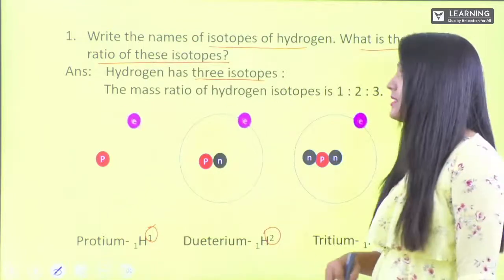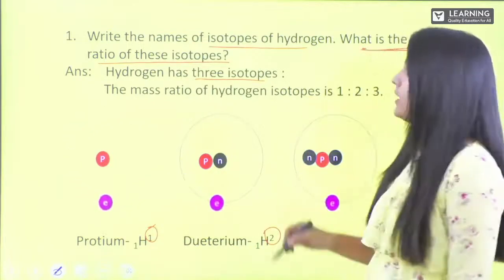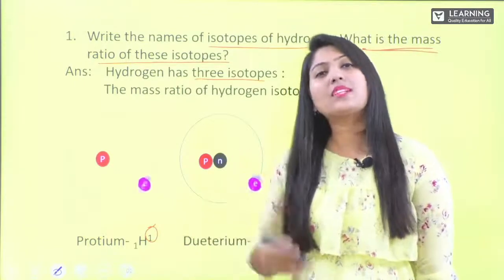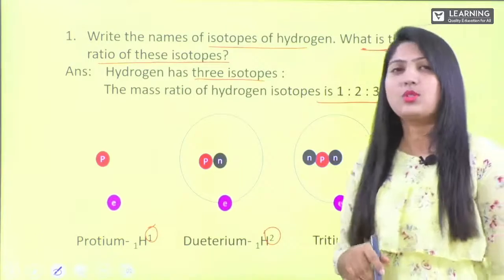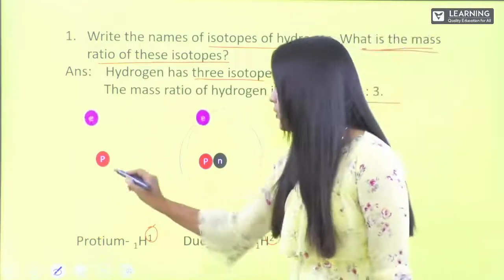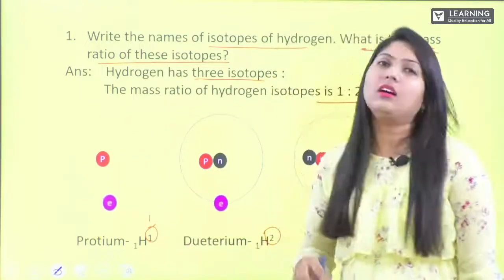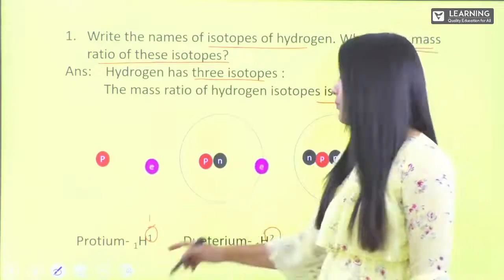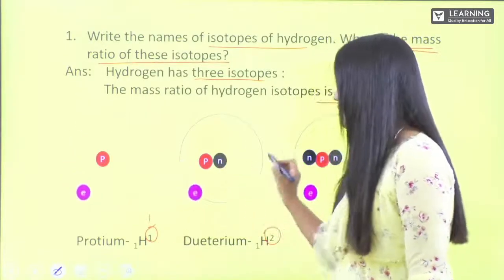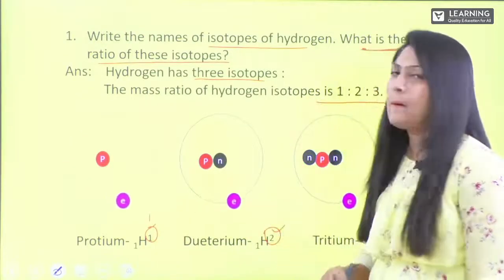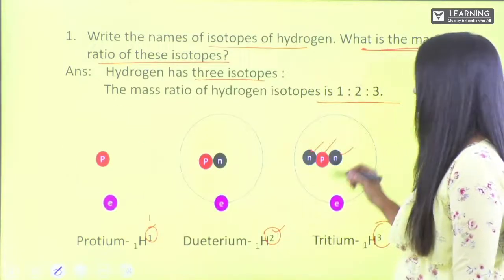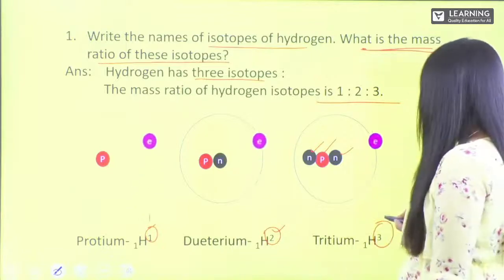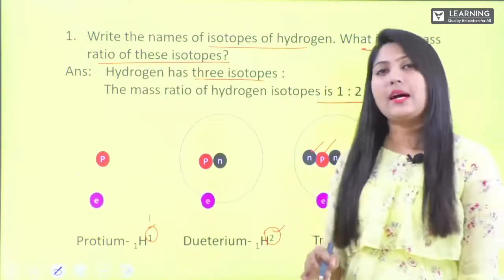respectively, and hence how do they vary according to the mass, or what is the mass ratio if they ask? What is the answer? It's 1:2:3. As we see 1 proton, so 1 is the mass number for protium. 1 proton and 1 neutron, so here 2 as the mass number, and 1 proton and 2 neutrons in tritium, hence we get 3 as the mass number.